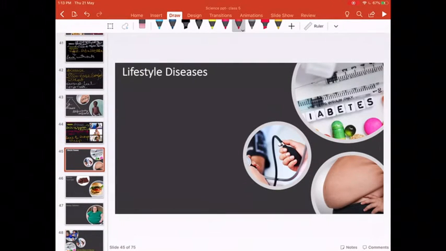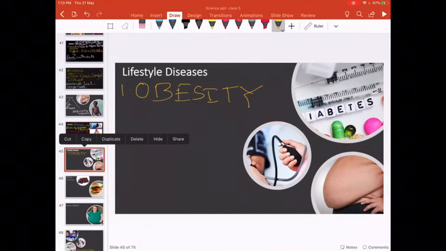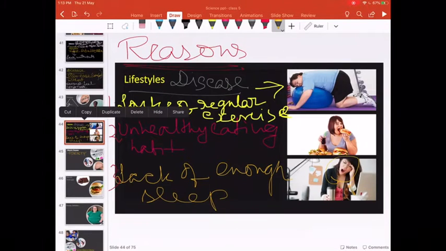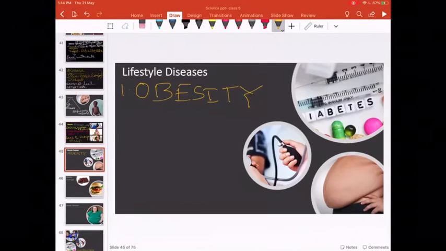Now, various lifestyle diseases are: number 1, obesity, means being fat. If we eat unhealthy, do not exercise and also do not sleep properly, then definitely we would have obesity. We would become fat.